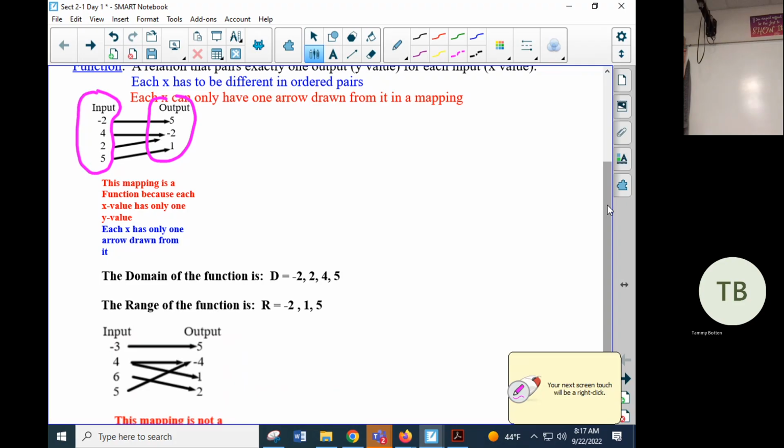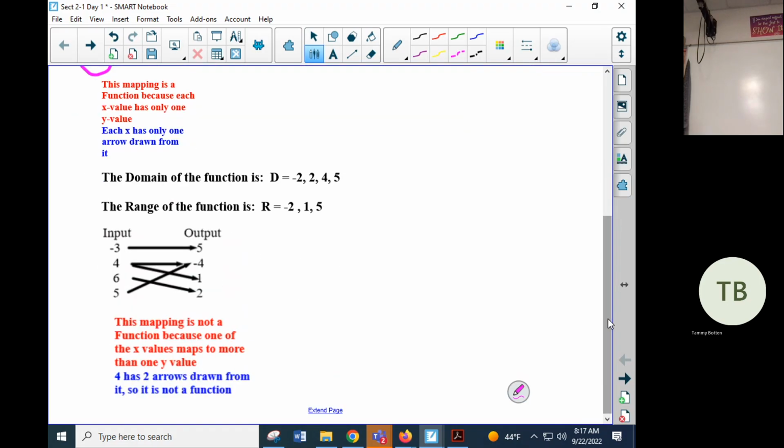So they put -2, 2, then 4, then 5. Okay. Then for the range, these are your Y values. So again, they put it from small to big. Okay. So that's if they ask you just to list your domain and range. Domain is the left side, range is the right side.